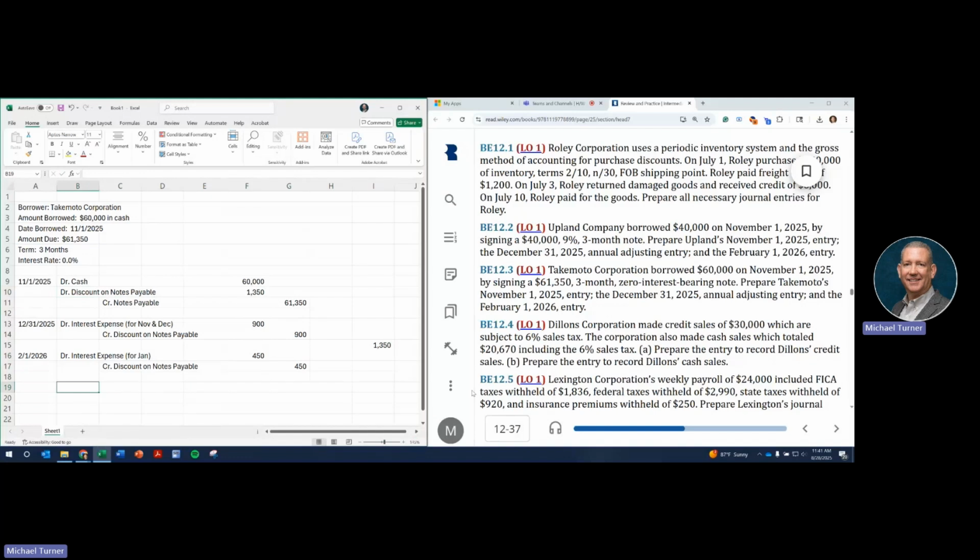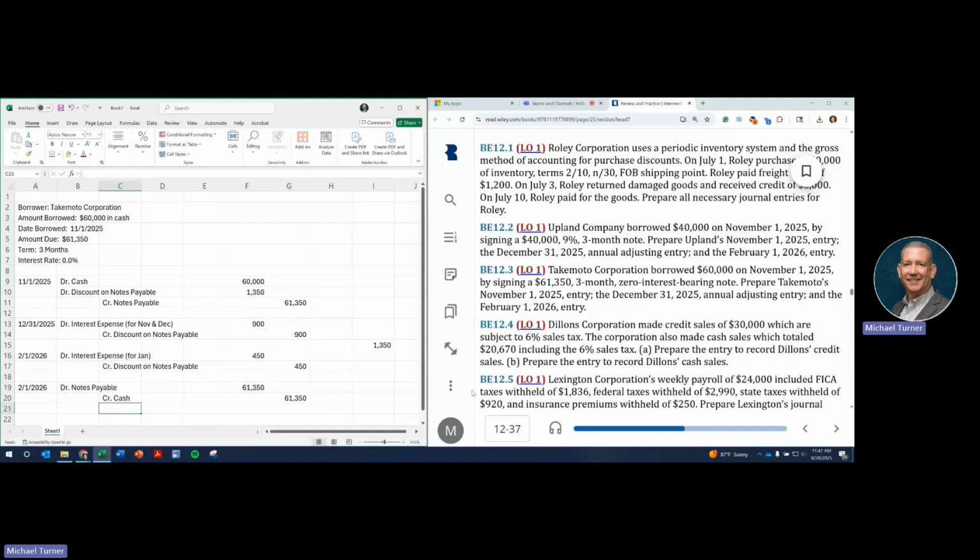Now we need to pay off the loan. So also on February 1st, we will debit notes payable. How much do we owe? The balance of notes payable is $61,350. So I will debit notes payable for $61,350, and we'll credit cash for the same $61,350.